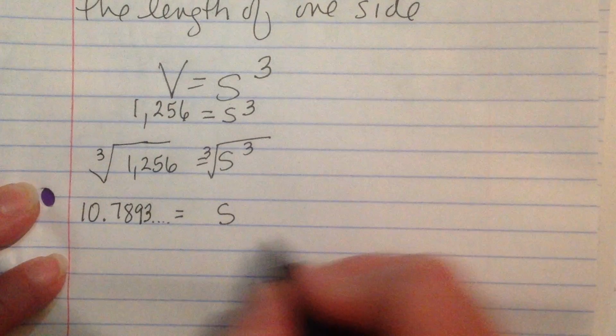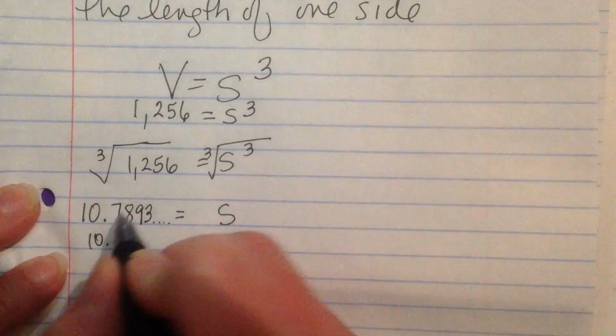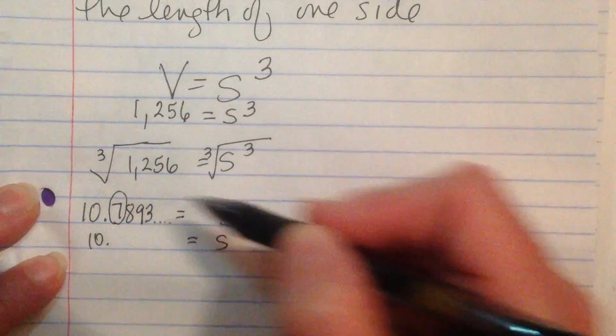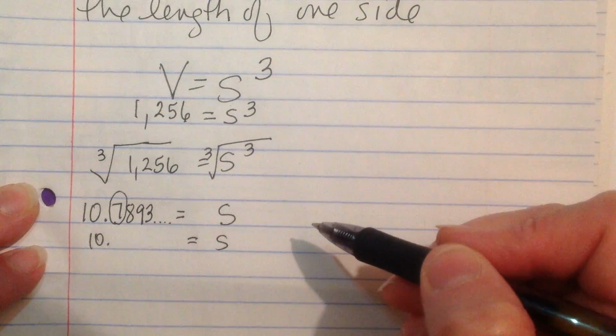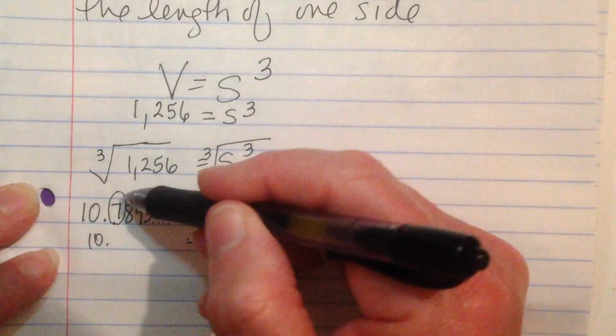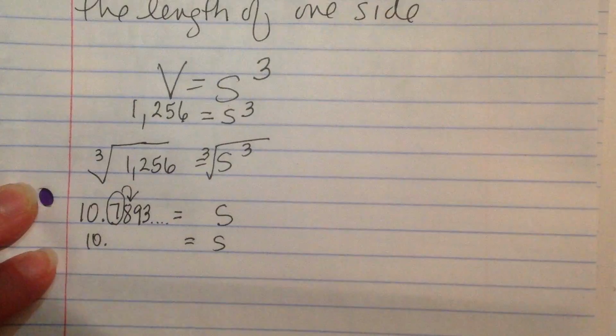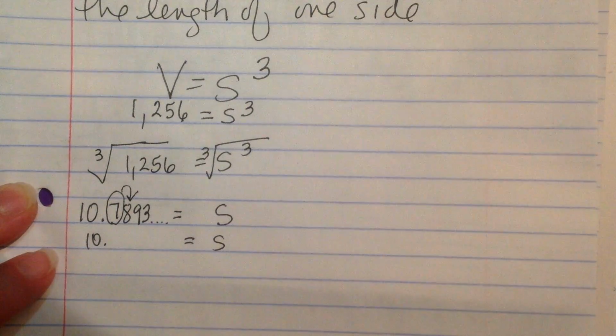So, s is equal to 10 point, now, 7 is in the tenths place. Does that 7 need to stay a 7, or does that 7 need to become an 8? Well, we look to the digit to the right. If the digit to the right is 5 or greater, 7 becomes an 8. If the digit to the right is 4 or less, 7 stays a 7.